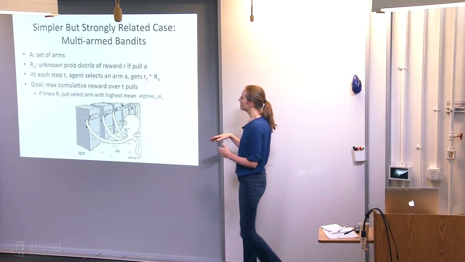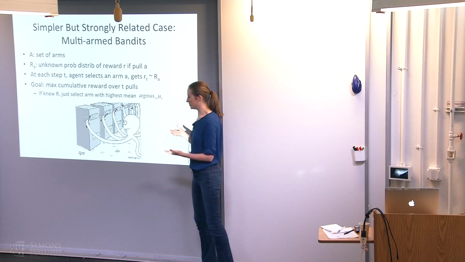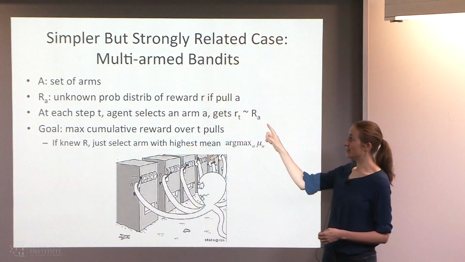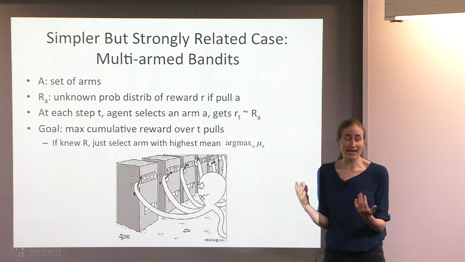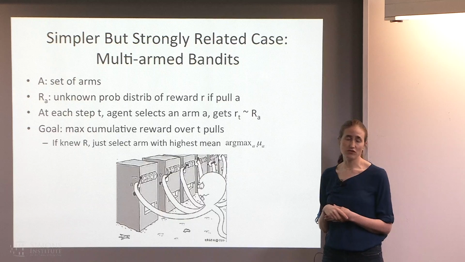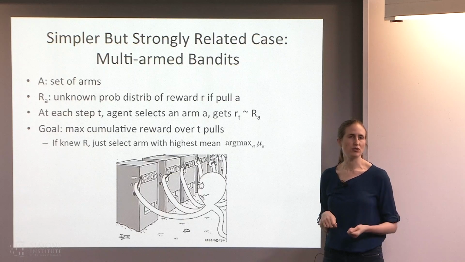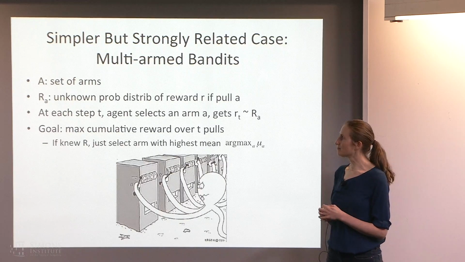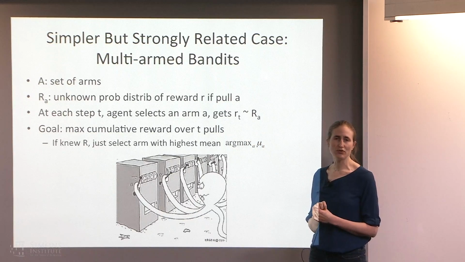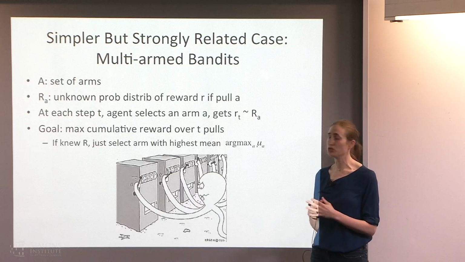In a multi-armed bandit, it's like reinforcement learning, but there's no state, at least in the simplest version. So you just have a set of arms, or you can think of these as actions. Arms are actions. And then you have an unknown probability distribution of a reward for pulling a certain arm, for taking a particular action. So at each time step, you select an arm, and you get a reward that's sampled from that underlying unknown distribution.